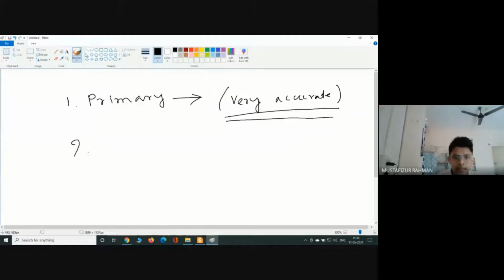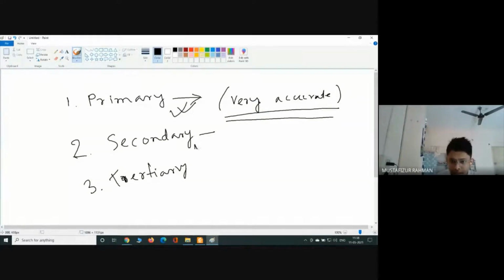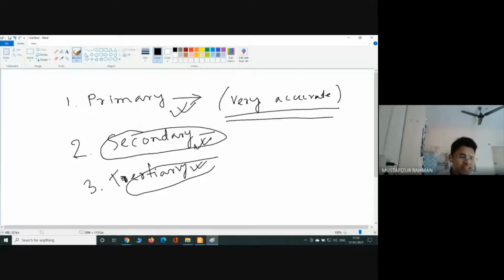Then number two is secondary, and number three is tertiary. This depends upon the accuracy of work. This is the most accurate, then this one, and then this one. So this one will be used where the accuracy is not that important, and this will be used in average accuracy requirements.